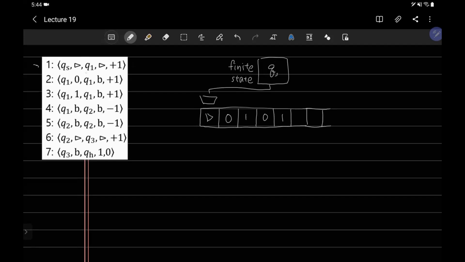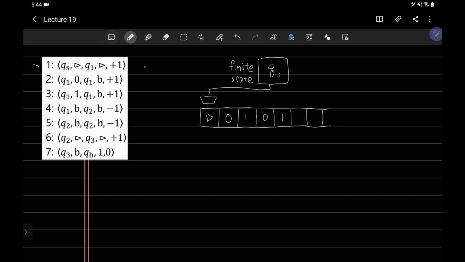So what it should do is, the q sub s is read, and also this starting symbol is read. The next thing it should do is update the state to q sub 1, so this value will be changed to q sub 1.